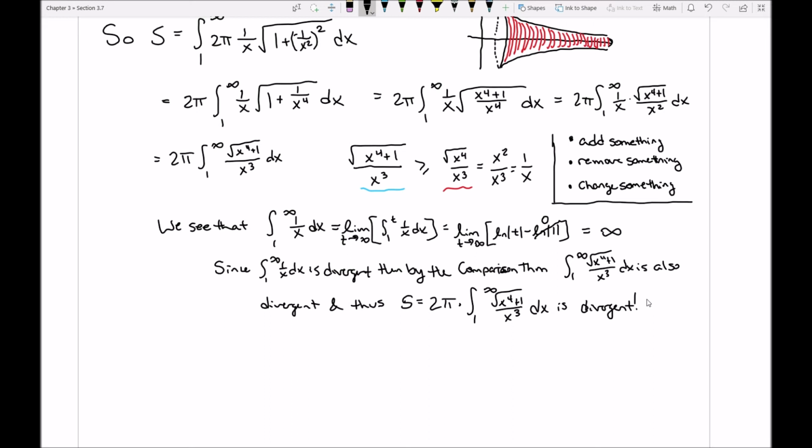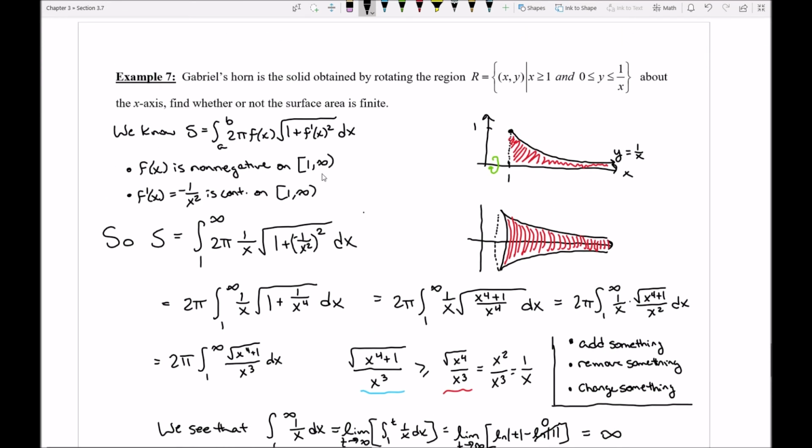So the surface area of Gabriel's horn, after all of that, is divergent.